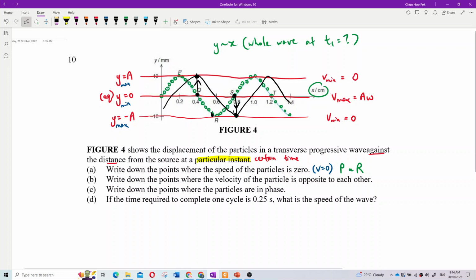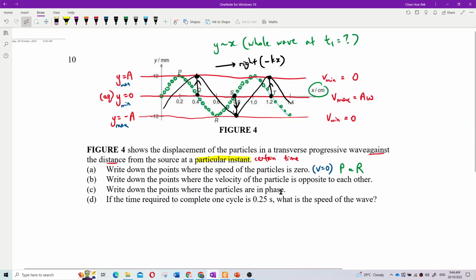So maybe we just make it, since the question did not say which direction the wave moves, never mind. Let's say the wave moves to the right, which is negative kx. So Q and S are opposite: Q goes up, S goes down. What about T? T moves up.